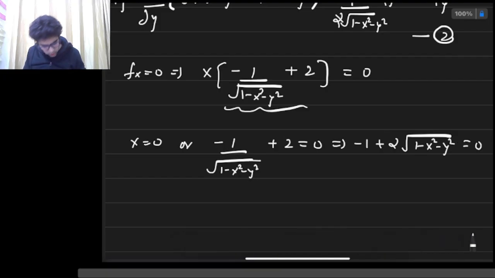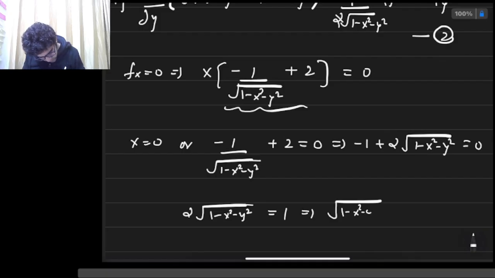So this root goes to the RHS. Root 1 minus x square minus y square is always positive, so it goes on to the RHS. Now this will give me 2 root 1 minus x square minus y square is equal to 1, which implies that root 1 minus x square minus y square is equal to half.